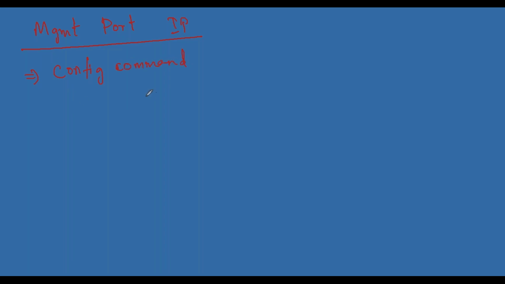So you basically get access to the appliance through console, and when you get the CLI access, you just type config. This will give you a new prompt for entering the management IP address. Let me just show you how we do it.